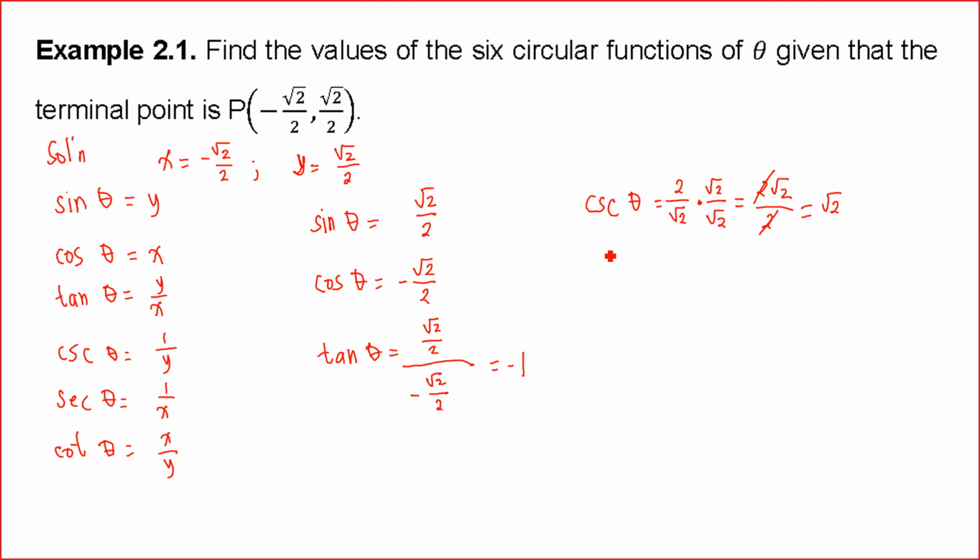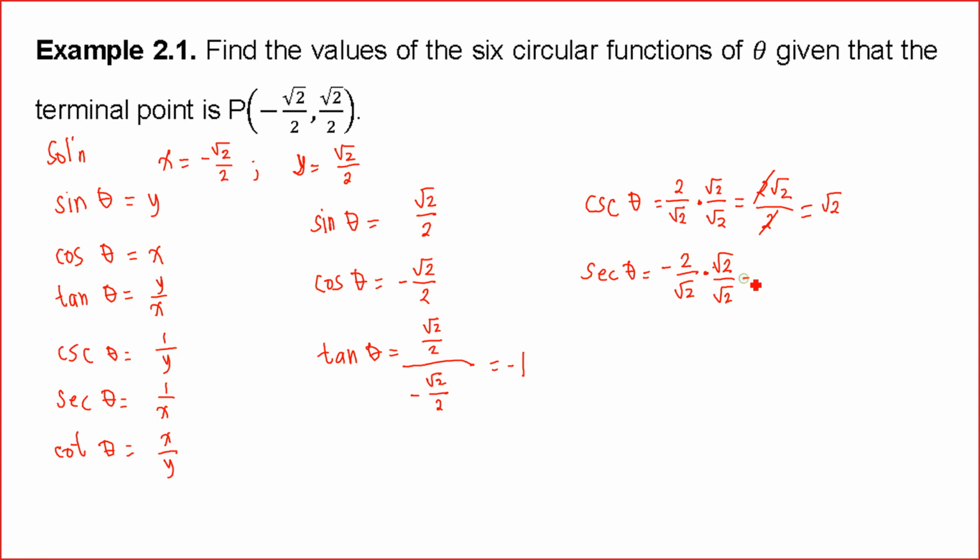For the secant theta, rather, it is just the reciprocal of this one. So you have the reciprocal, 2 over negative square root of 2. Since we have a radical in the denominator, we can rationalize the denominator by multiplying the numerator and denominator by square root of 2 over square root of 2.